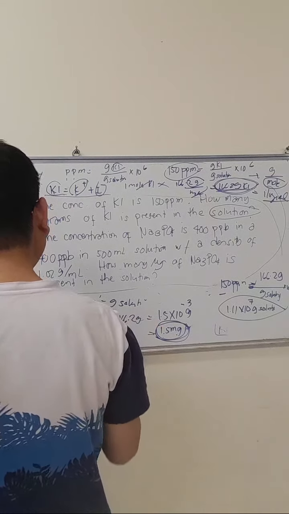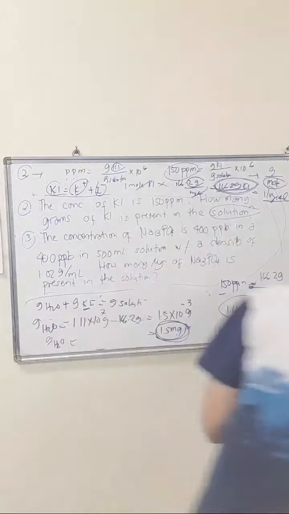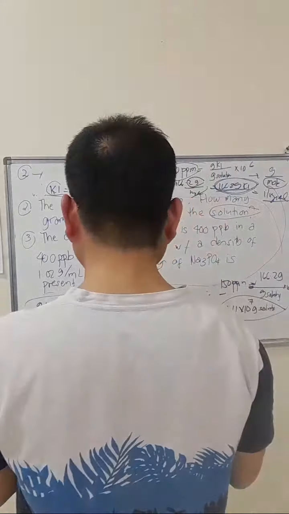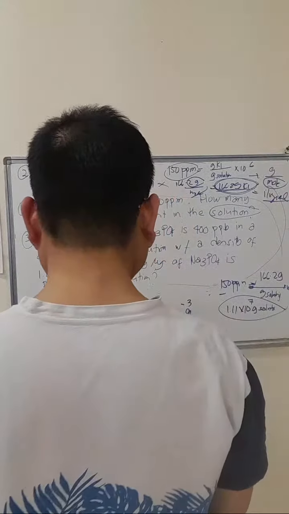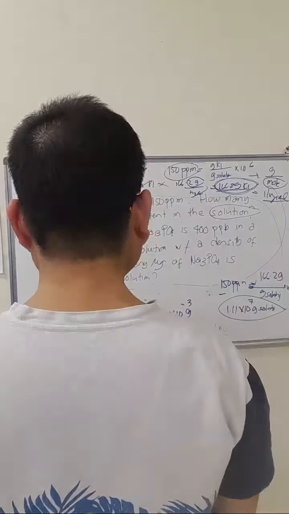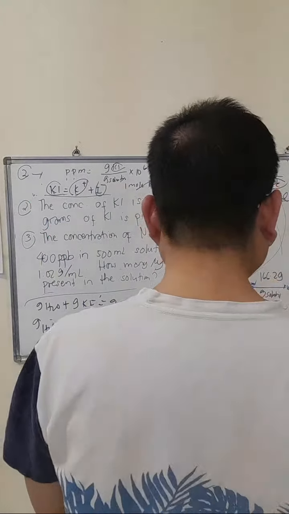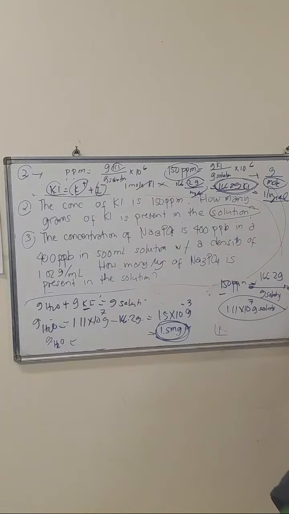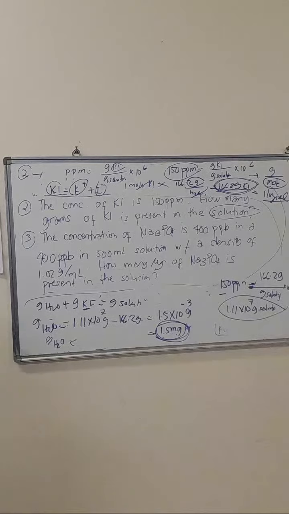What is the grams of water? So 1.11 times 10 to the 7 minus 166.2. Our grams of water is about 1.11 times 10 to the 7. Since the difference is so small, it doesn't matter.